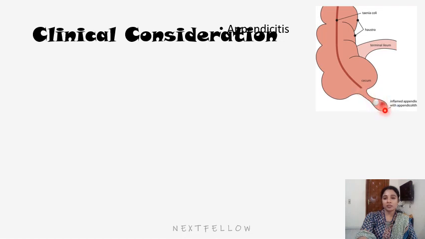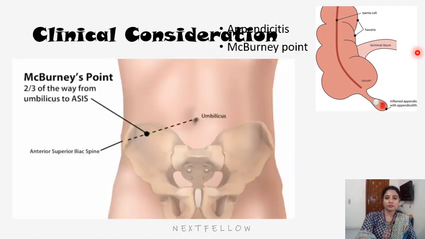You can see inflammation. The most important point to be noted is the McBurney point, the point of maximum tenderness. Usually if it is not treated, it may lead to complications like peritonitis due to rupture of appendix.